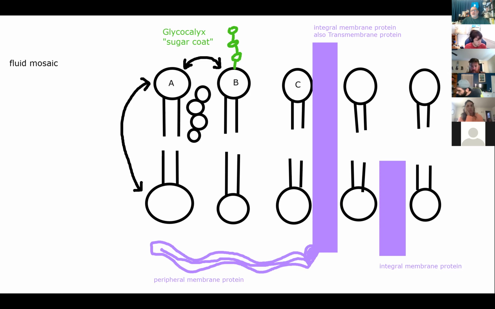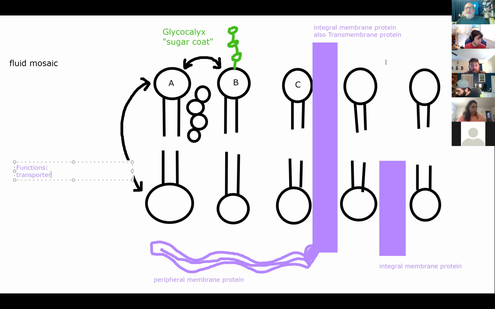Now, we know that proteins are the most diverse in their structure, and so they're also the most diverse in their function. So what are some of the possible functions that these proteins could possibly have for us in a plasma membrane? To help transport between. Yeah. Absolutely.